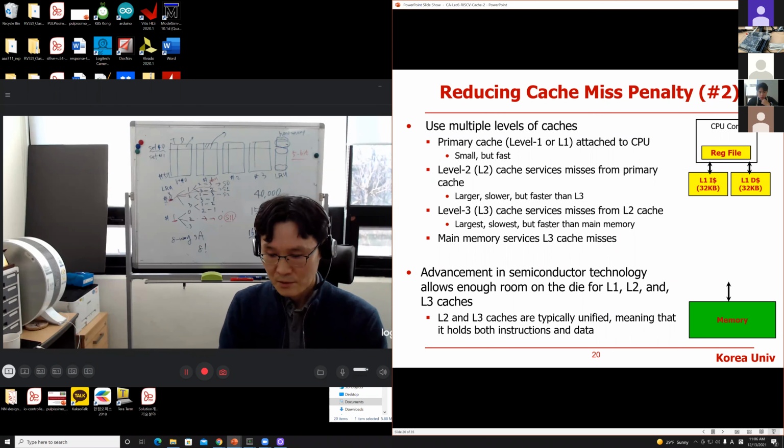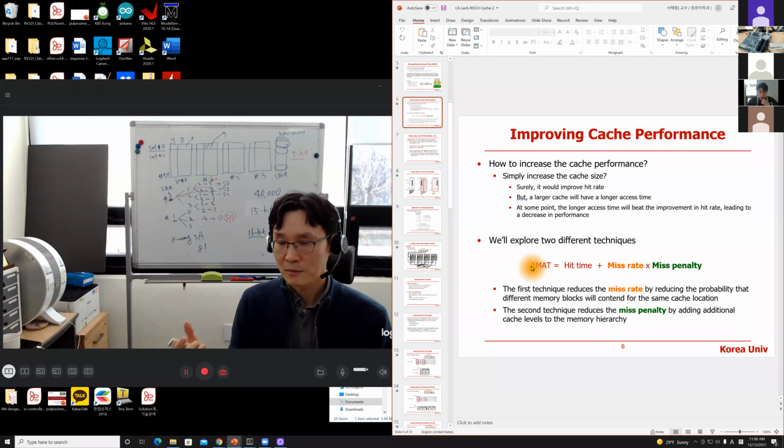So here, to refresh your memory, we are talking about reducing average memory access time. Why? Because that has a huge impact on computer performance, right?